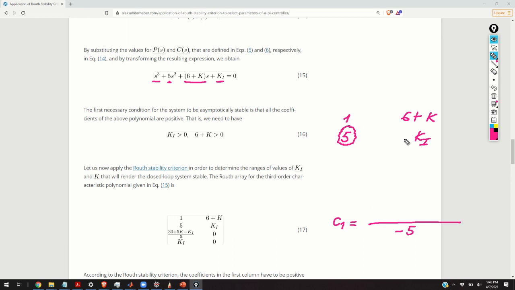So we multiply 1 times ki, which is ki, minus 5 times 6 plus k, that gives minus 30 minus 5k.